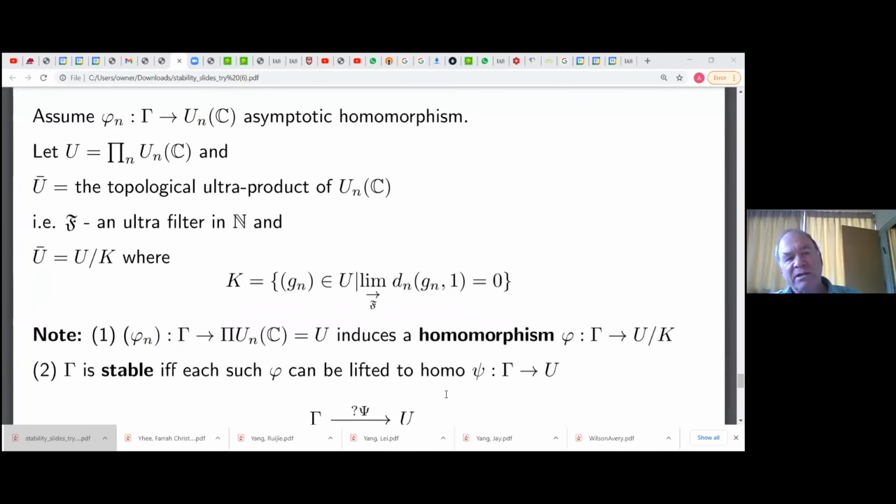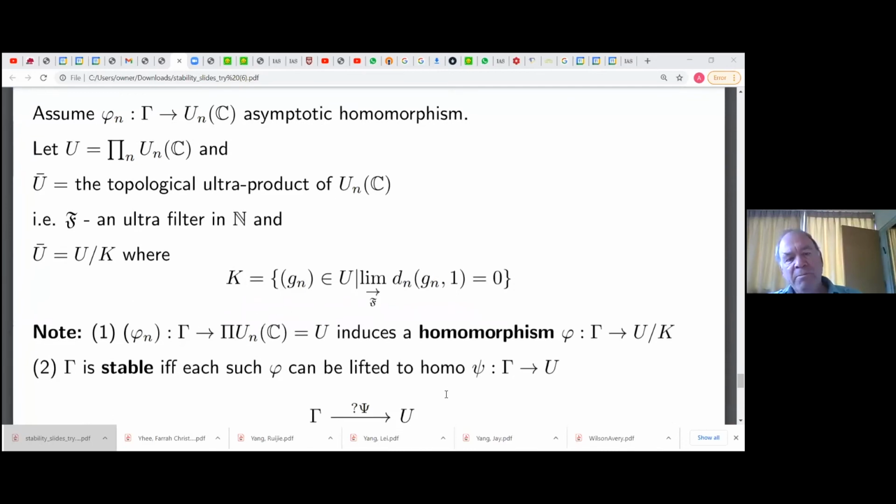Why? We started with a family of almost homomorphisms from gamma to U_n. We can think of it as one diagonal map from gamma to the direct product U. And this is not a homomorphism.